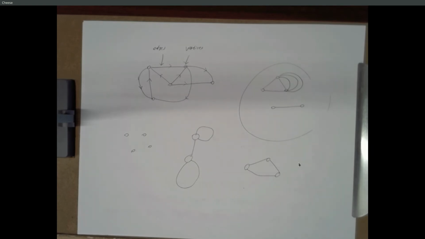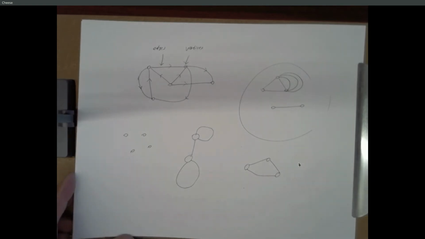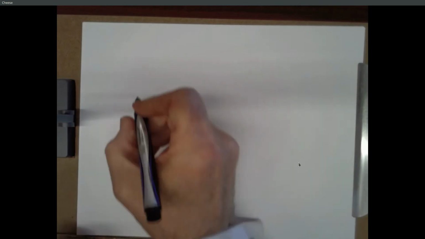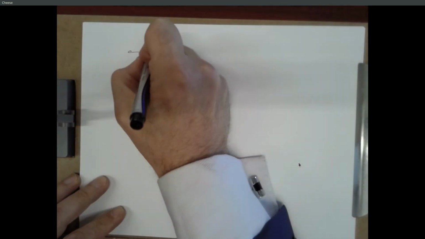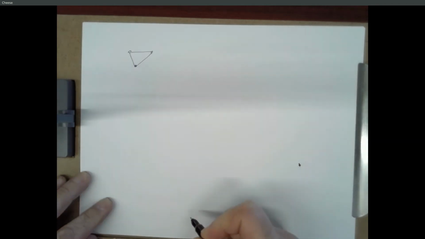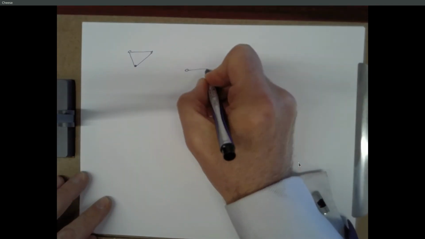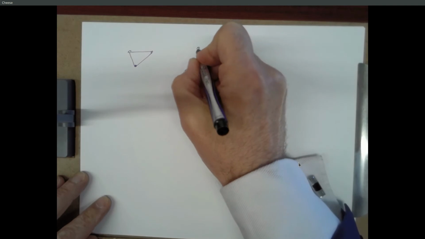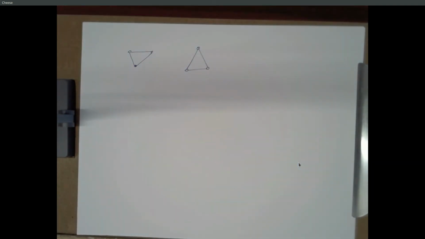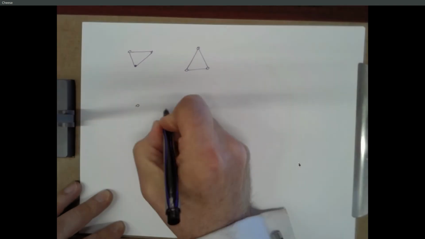And one thing we want to be really clear on up front is that the way we draw a graph is not really important. So let me show you a few graphs that are considered the same. So there's one graph. Here's another graph. These are considered to be exactly the same. They look different because I've placed them differently on the page. Here's another.